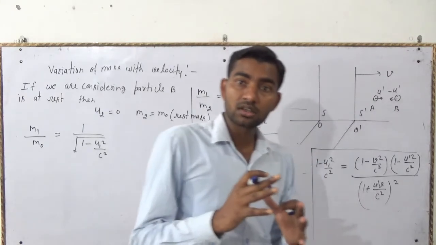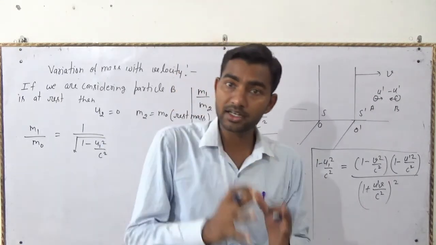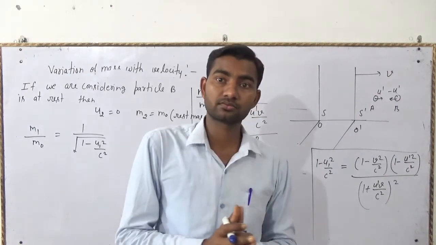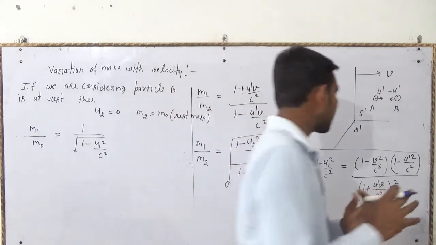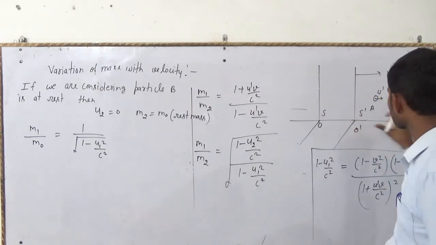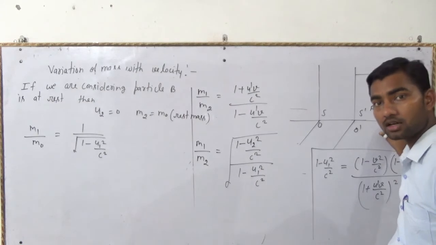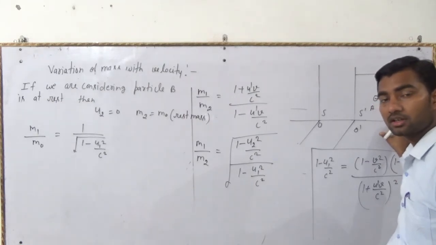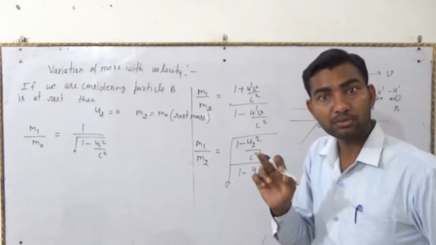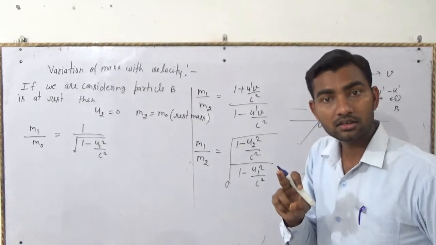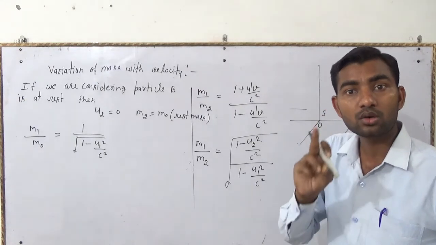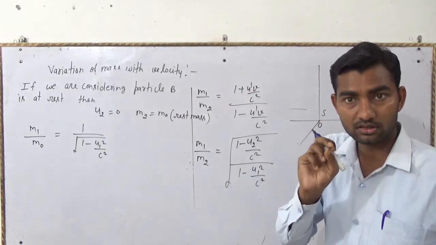Since we have assumed both particles are identical, and we are saying this has mass m naught, it is at rest position, then we can say very easily, because both particles are identical, only one mass is present.